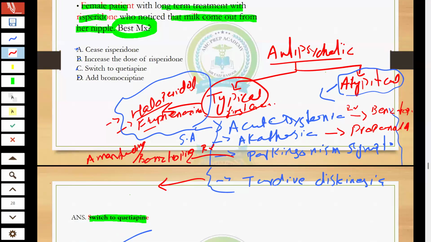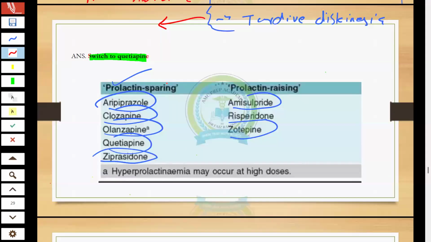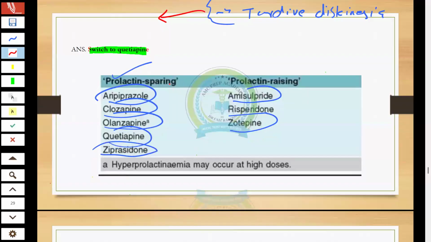Now we are discussing our question about the atypical medication side effect. Our patient is on risperidone and is complaining of galactorrhea. So what is the next best step?